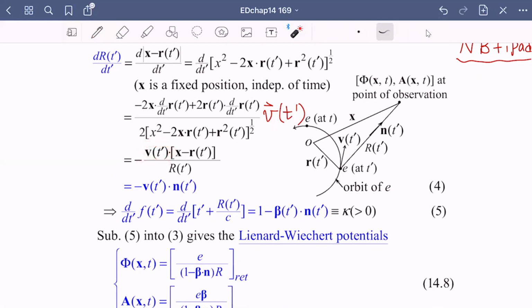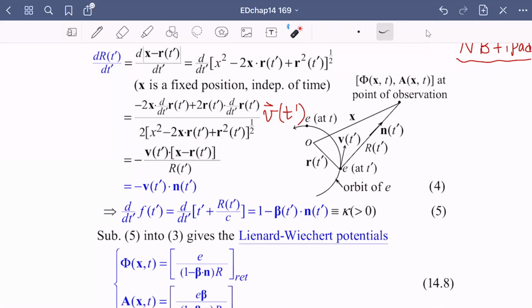And here is -2. We have 2 here, 2 here, 2 here, cancel. And just move the minus sign to the front. So we have an x minus R t prime. And this is the R.